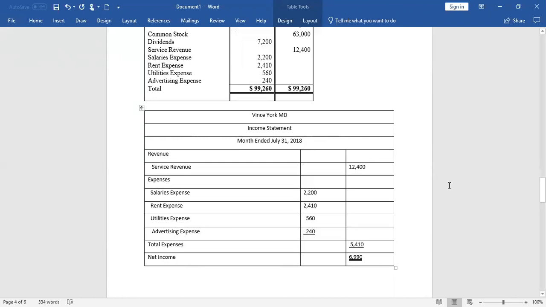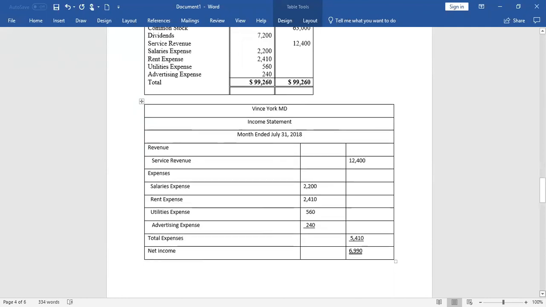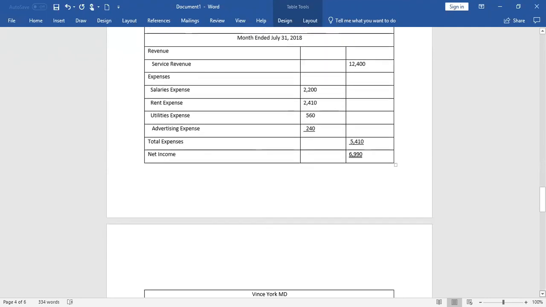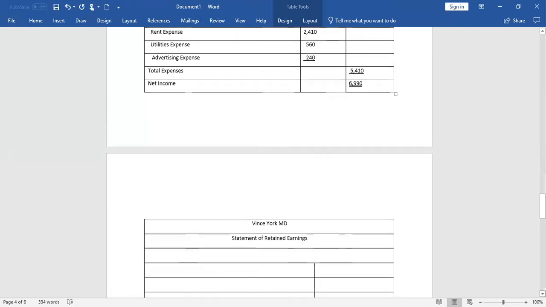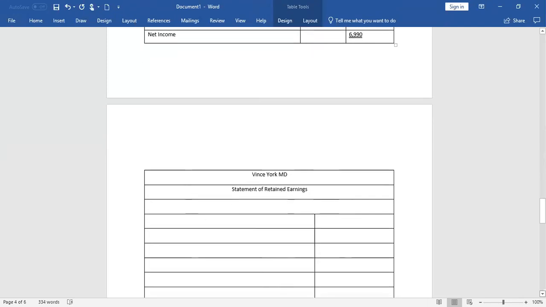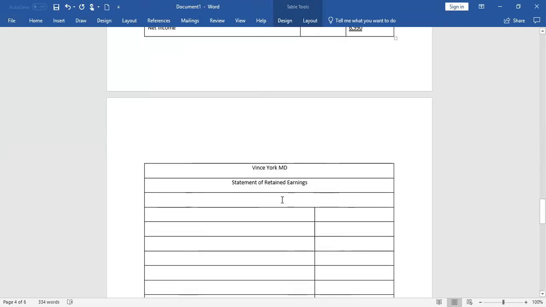Okay. Well, I'm going to move then to our next financial statement, which would be the statement of retained earnings. Now, I might have to go back and forth here a little bit, but we'll get it down. So Vince York, MD, statement of retained earnings, same time period, month ended July 31st, 2018.